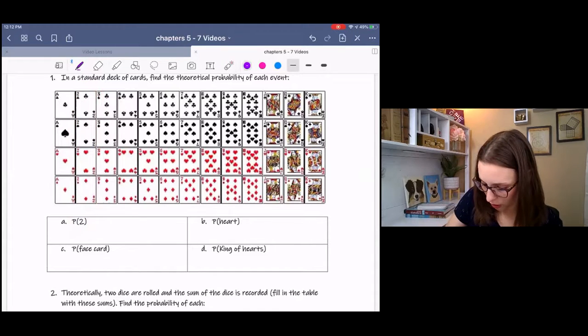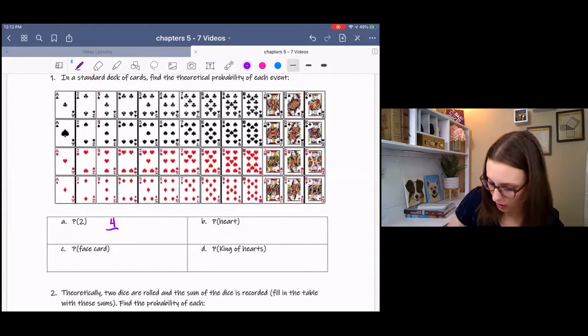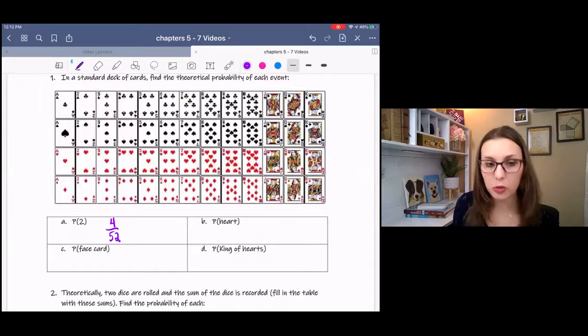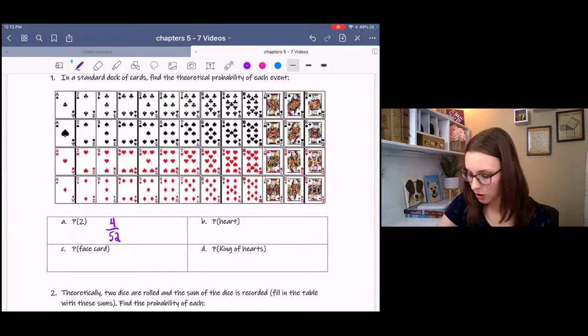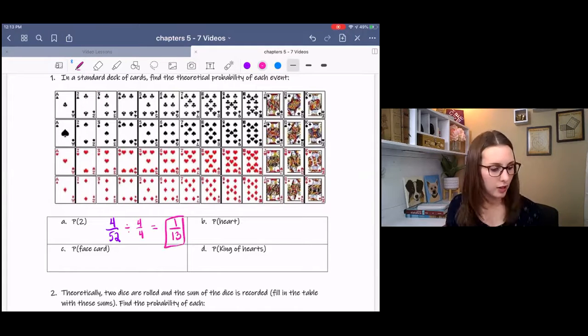There's 4 2s out of the total number of cards, which in a standard deck is 52. And then you're going to want to reduce that to get 1/13. That is in fraction form, which is fine.